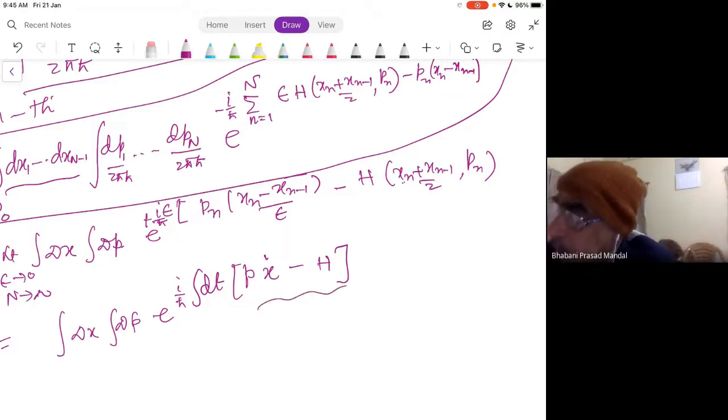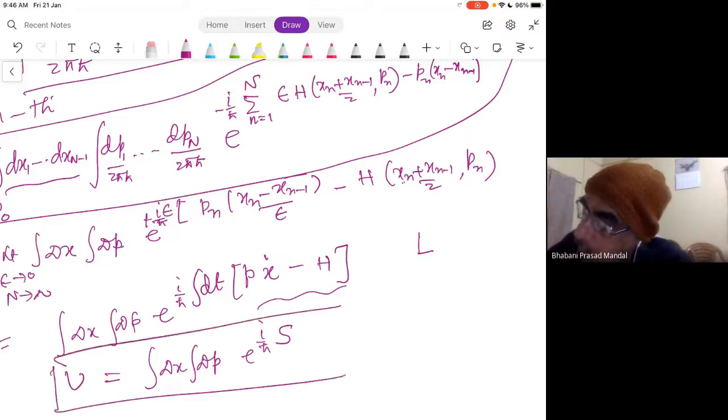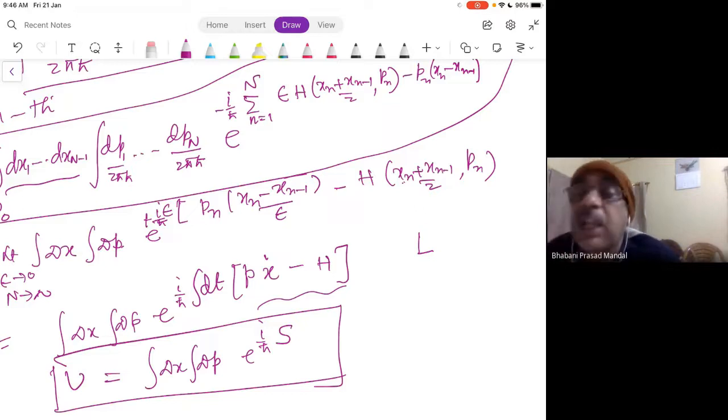Now what is this quantity? This quantity, if you know a little bit of classical mechanics, is nothing but your Lagrangian. So you have dx dp e to the power i by h cut times action. So this is your u, the amplitude in path integral. Why it is called path integral, that will come with the argument, but let us first find this formula.